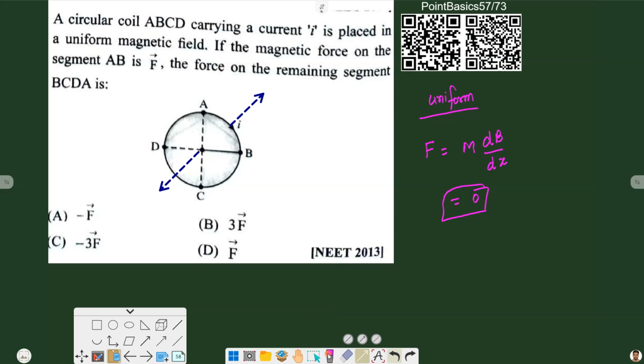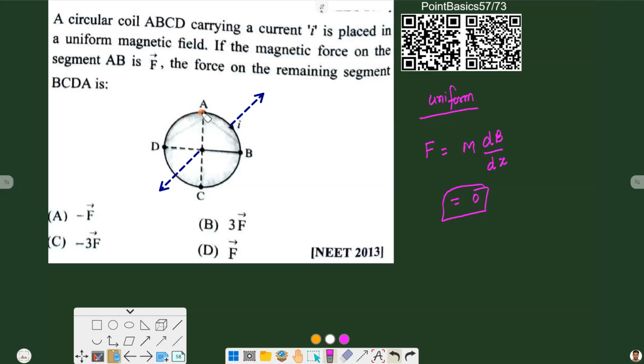As we know from the force equation, force is equal to m into dB by dx. Here variation in magnetic field is needed, and as the magnetic field is constant, the variation is zero. So if variation is zero, force is zero, and the net force on this loop is zero.